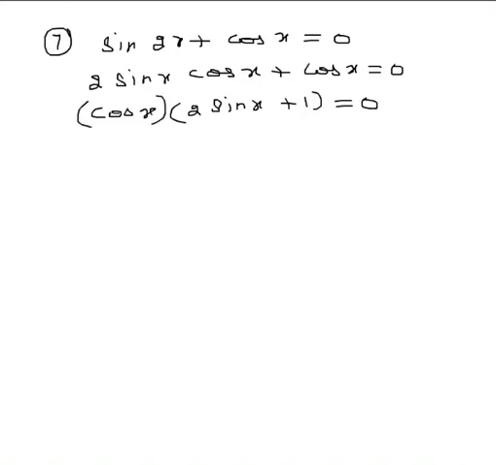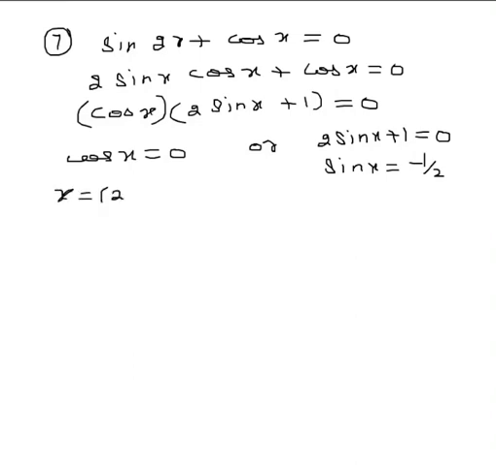Now we have product of two terms equal to 0. Either this must be 0 or the second term must be 0. Here we get sine x is equal to minus half, cos x is equal to 0. So we have to use the general solution formula of cos x is equal to 0. X must be an odd multiple of pi by 2.